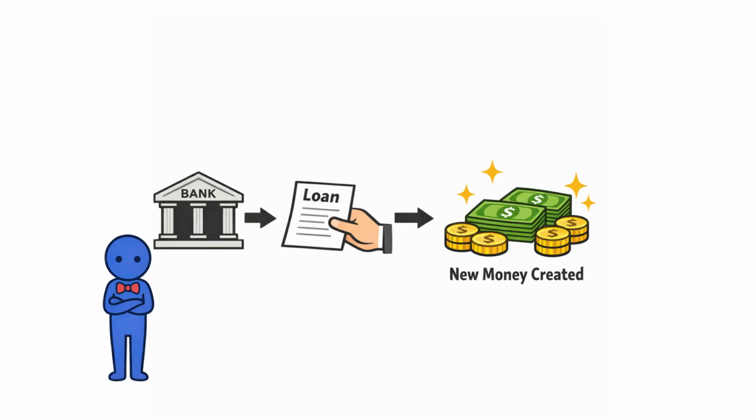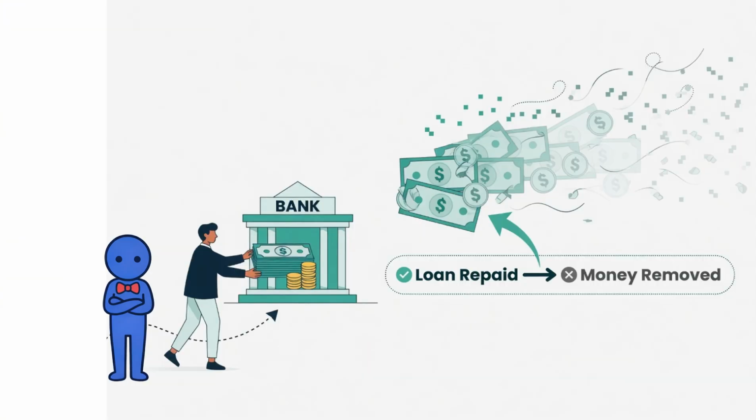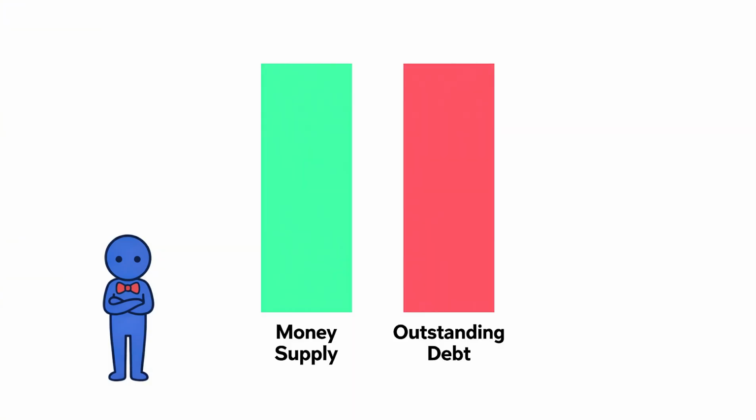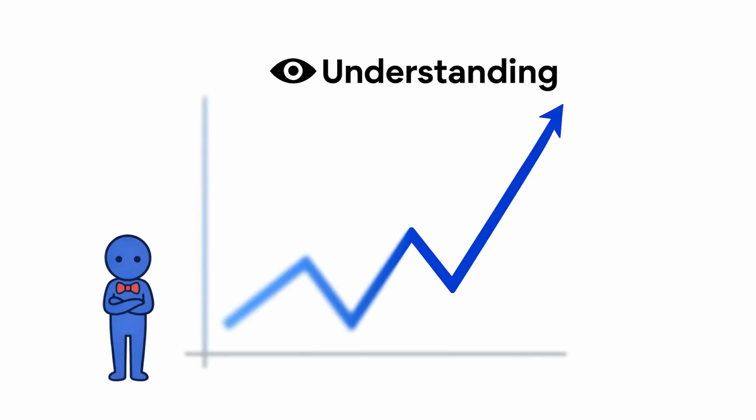Money is created when credit is extended. It is destroyed when credit is repaid. The money supply is, at its core, a measure of outstanding debt. And that reality, once you see it clearly, makes almost everything else about modern economies easier to read.